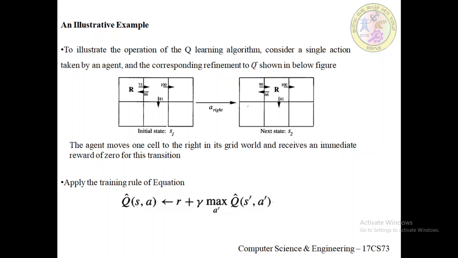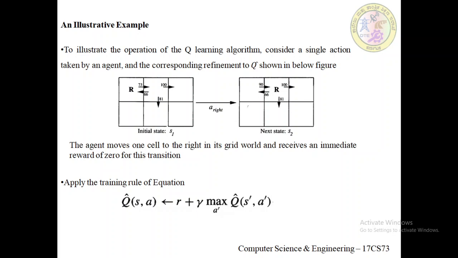In this example, the agent moves one cell to the right in its grid world and receives an immediate reward of 0 for this transition, and then it applies the training rule, which has been defined just now, to refine its Q cap for the state action transition it just executed.